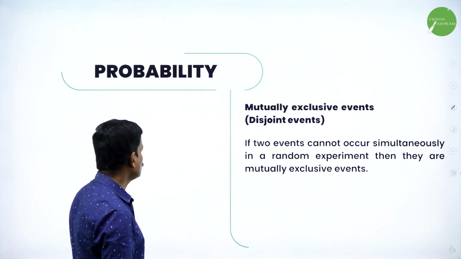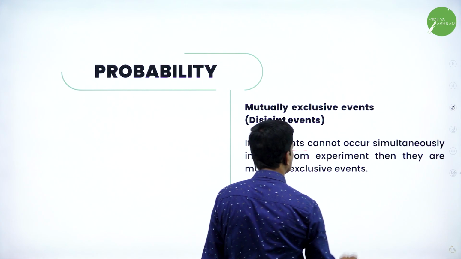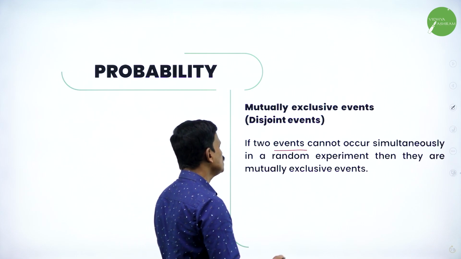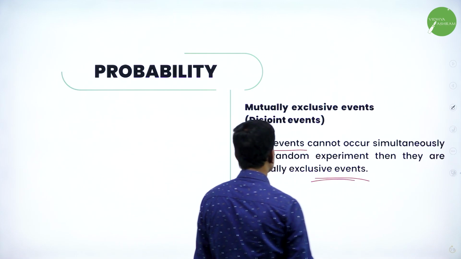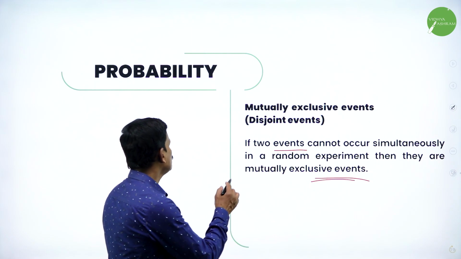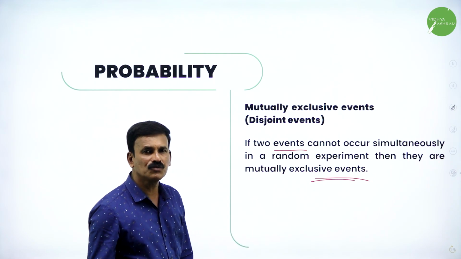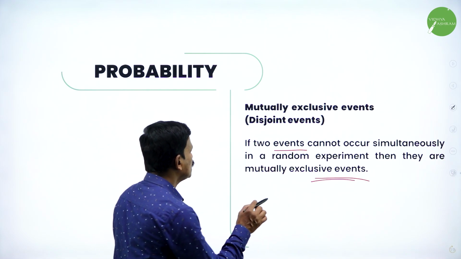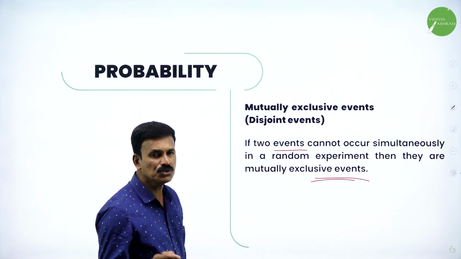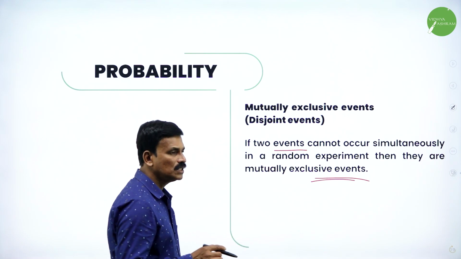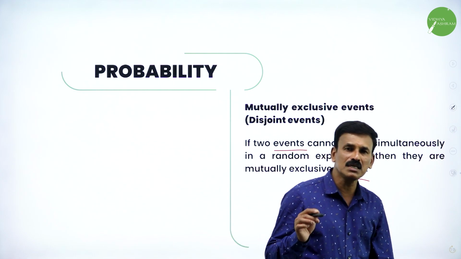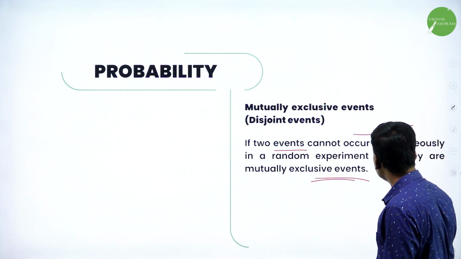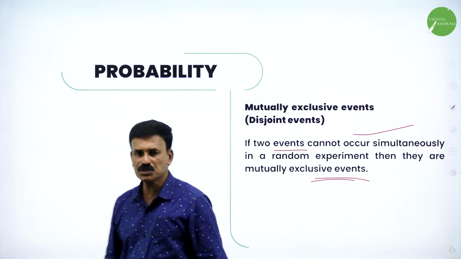If two events cannot occur simultaneously in a random experiment, then they are called mutually exclusive events, or disjoint events.